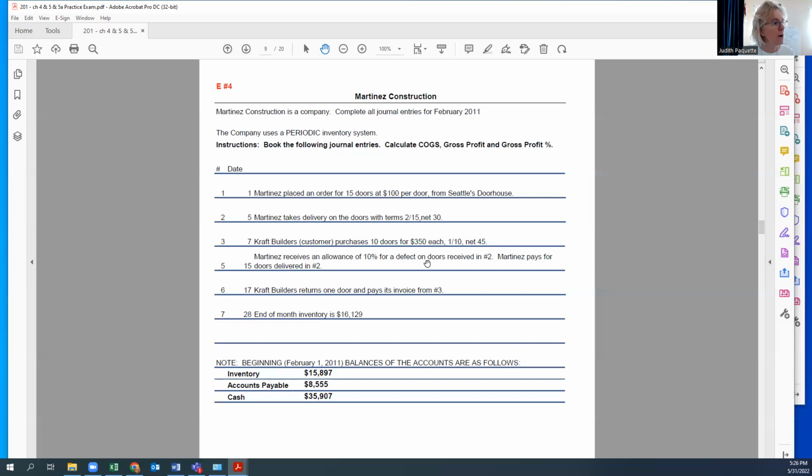Martinez receives an allowance for the doors, purchase returns and allowances. In this case, there was no return. And then Kraft returns one door and pays its invoice. And you could do this as one transaction or two. End of month inventory is 16,129, and that's where we do the adjustment for calculating cost of goods sold.